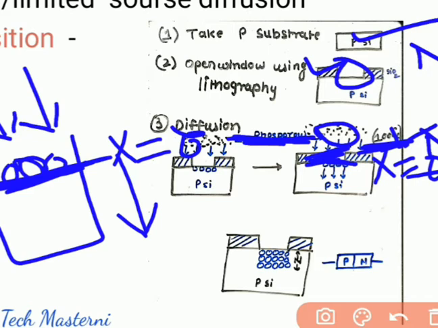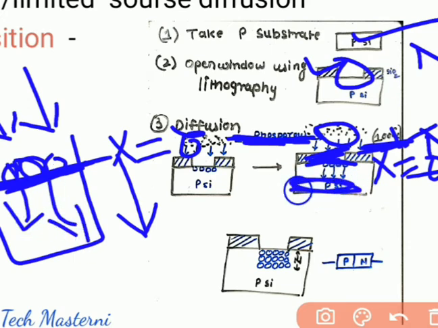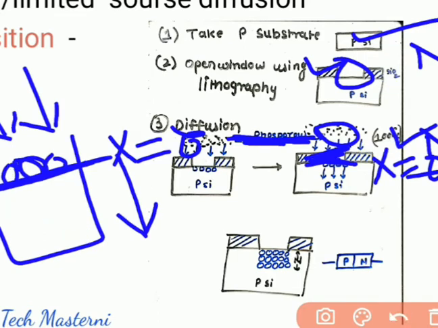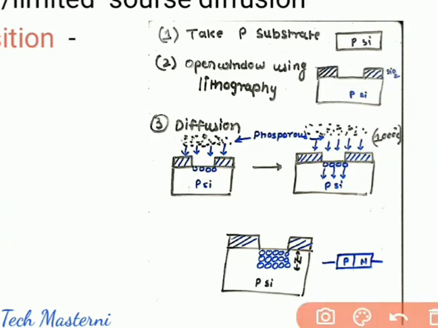Under the diffusion process, the concentration goes from higher to lower. So now it will diffuse to the lower part of the substrate. In this way, my dopant will be present all over.